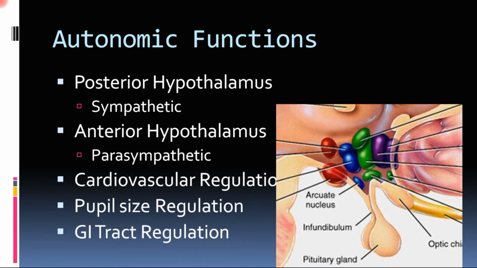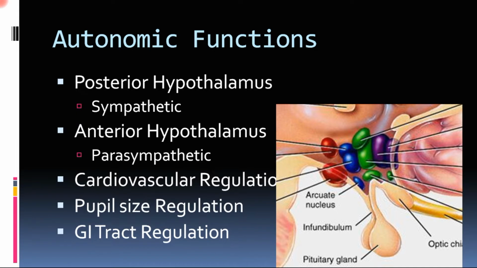Whereas when the anterior hypothalamus, the parasympathetic center, is stimulated, there will be a decrease in heart rate because of increased parasympathetic outflow to the heart, and maybe even vasodilation.